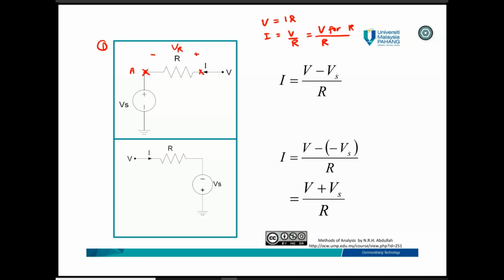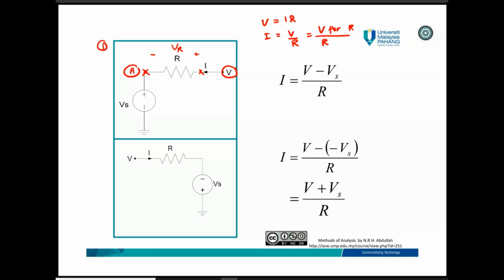From here, the voltage at the positive of the resistor is V, and the voltage at the left of the resistor is A. But we don't know the value of A. From the source, we apply the concept that the voltage in the middle is equal to the voltage at the positive minus the voltage at the negative.